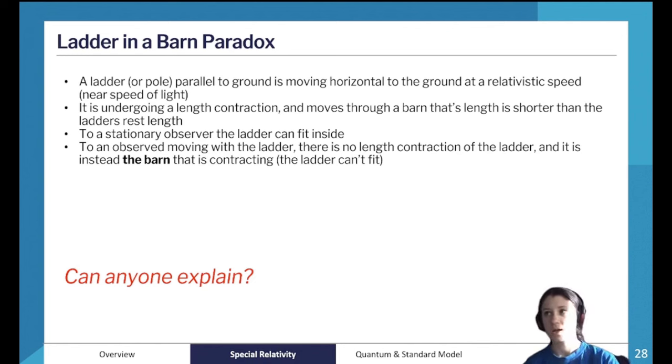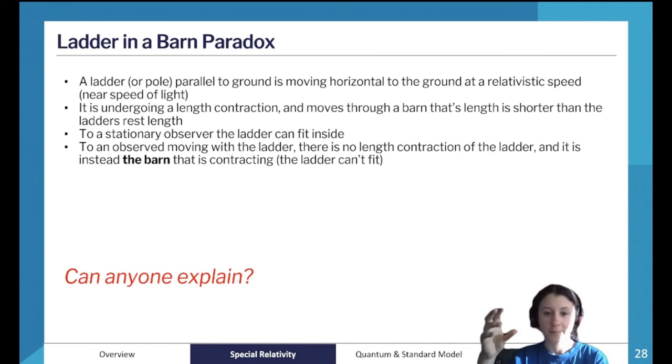Typically we have somebody running who is holding that pole horizontally, kind of like one of those, I can't remember what it's called, the sport where people hold the long sticks and then jump up on them. If you know what I'm talking about. If you don't, don't worry. So we have a runner holding the ladder or the pole horizontally to the ground.